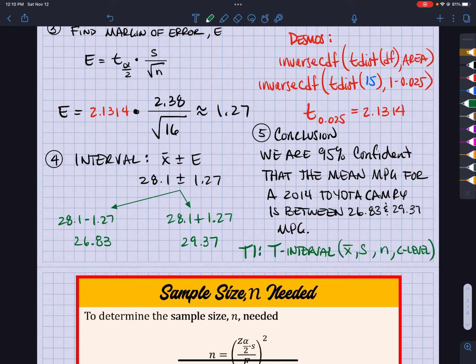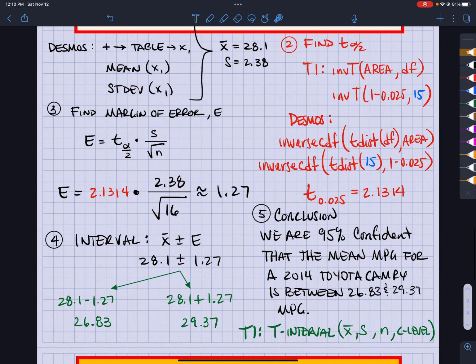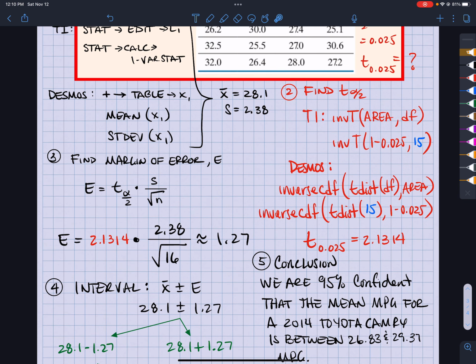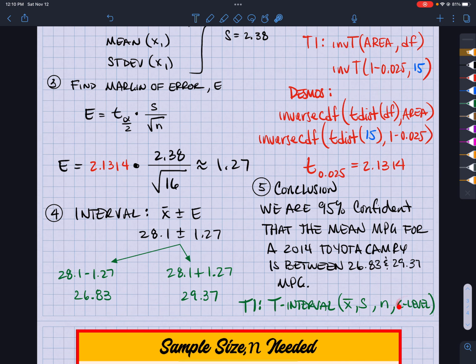If you type that in, you ought to get everything here. So the X bar was the 28.1, your S was your 2.38, your N was right here, which is your 16, and your C level was 95%, so 0.95, all right? And you ought to get the same exact interval there, okay?